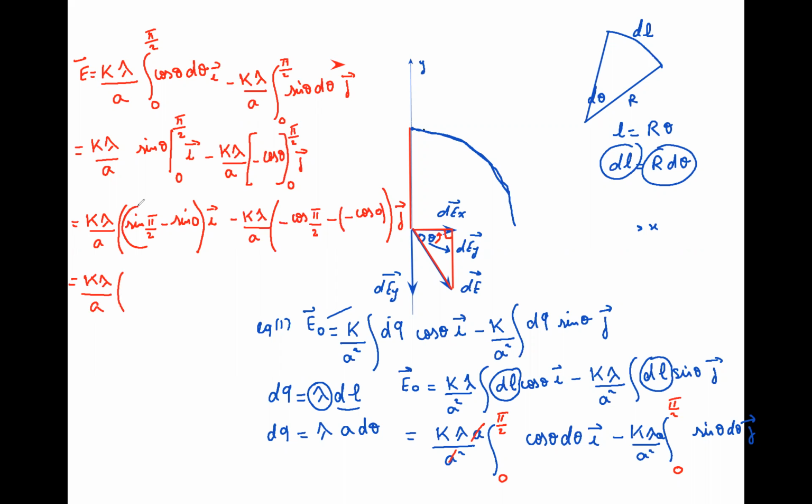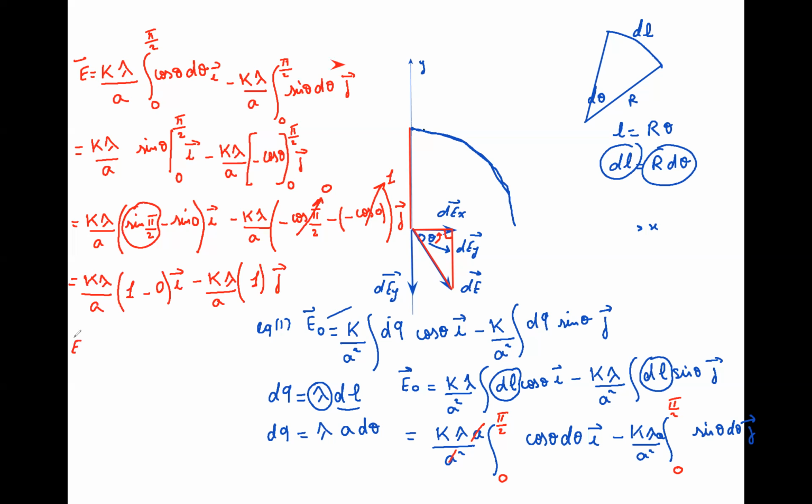Sine pi over 2 is equal to 1, minus sine 0 equal to 0, i. Minus k lambda divided by a, cosine pi over 2 equal to 0, cosine 0 equal to 1. Minus term equal to plus, so here we have plus 1, j, cosine 0 equal to 1.